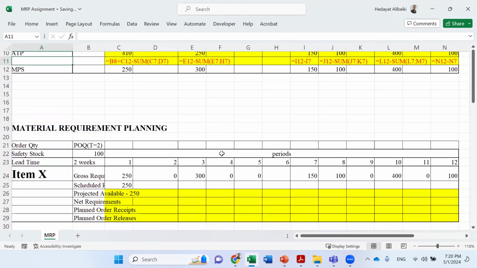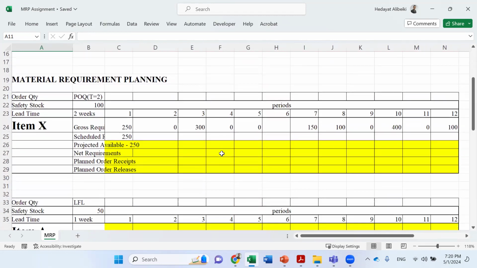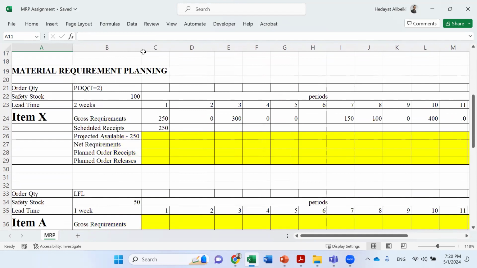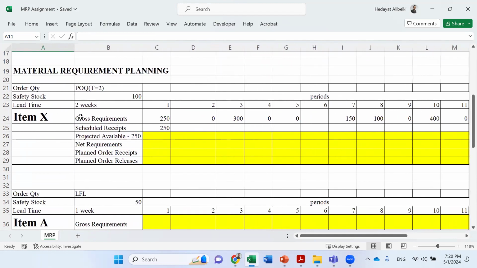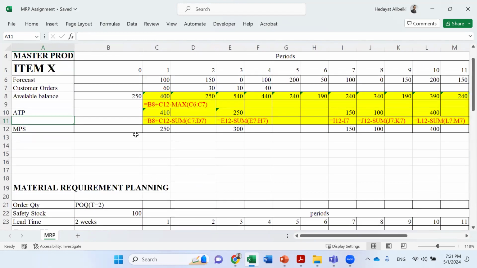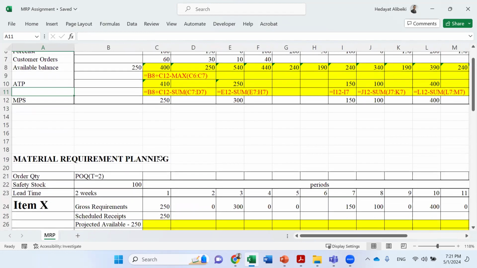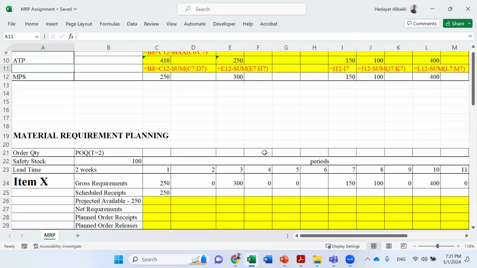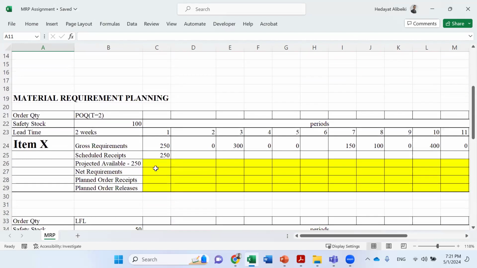Okay. Now, for MRP, honestly, if you have an MPS and you want to do an MRP, this MPS, whichever way it was calculated, you just copy it over as your planned order receipts, right?